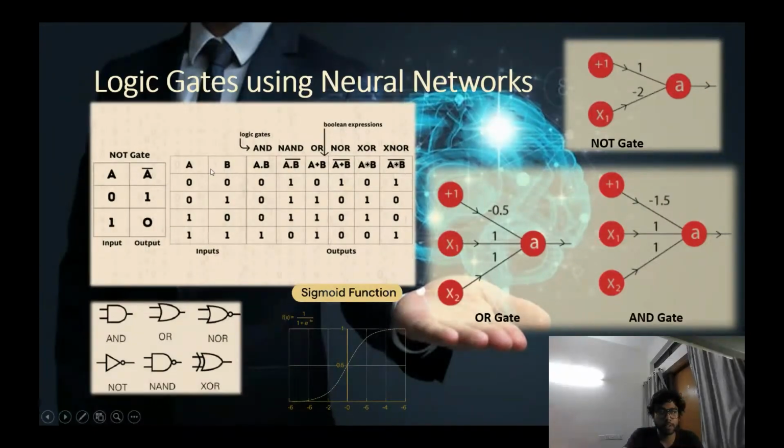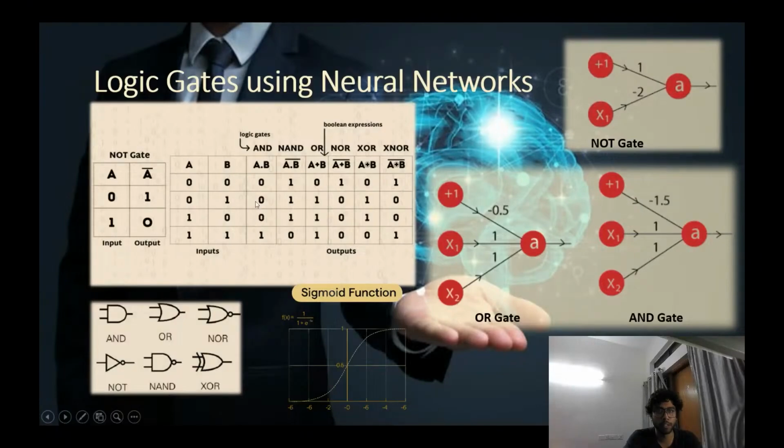For example, let's say you have two variables a and b, and they can each take a value of 0 or 1. One case is that both a and b are 0, another is a is 0 and b is 1, another is a is 1 and b is 0, and another is a is 1 and b is 1. If you construct an AND gate, it just means that both have to be 1, and only then A dot B would be 1.